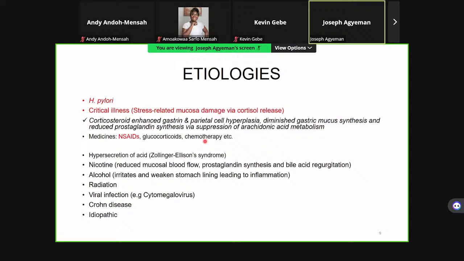So note NSAIDs, glucocorticoids will act the same as stress-induced ulcer through cortisol. Then chemotherapy: inability to differentiate between the faster turnover cancerous cells and the faster turnover GIT lining. So it will attack the cancerous cells and also attack the GIT lining because both are faster growing cells.